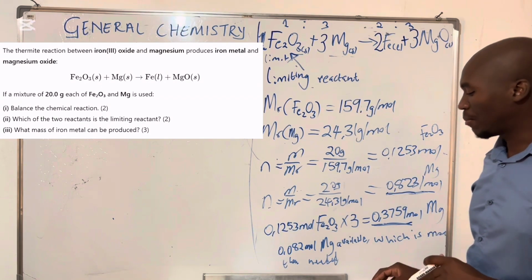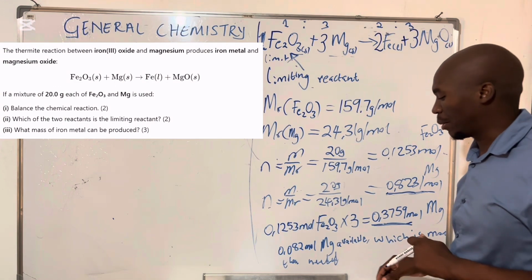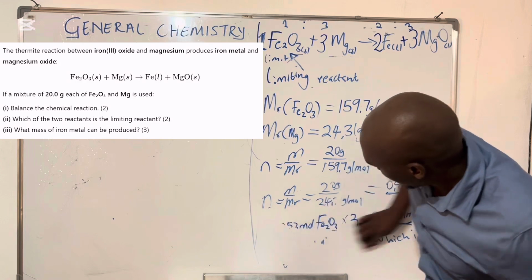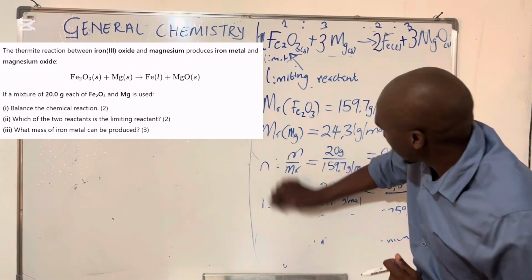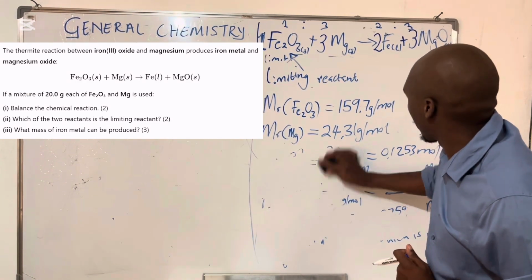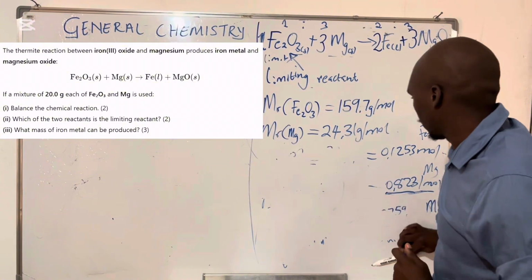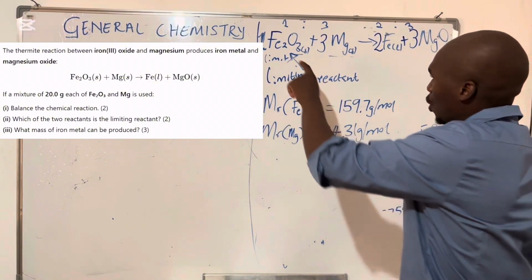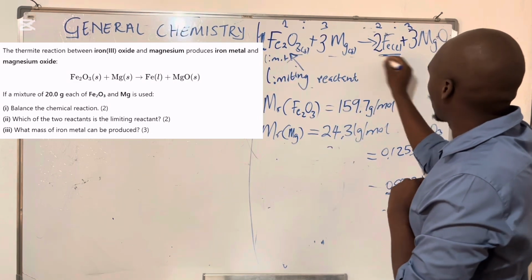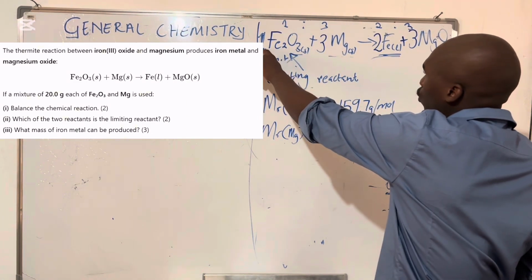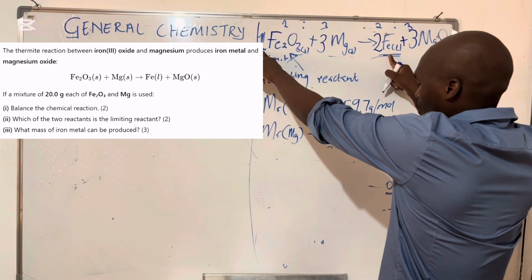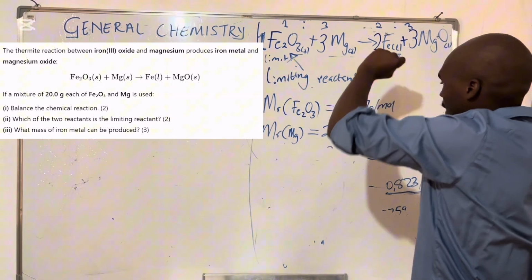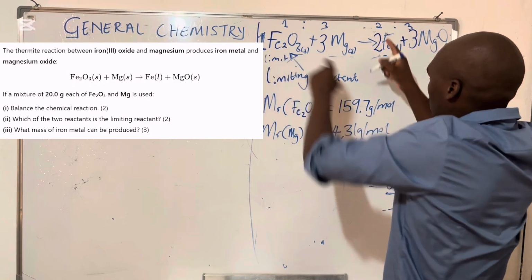Now, what mass of iron metal can be produced? Let me erase this one quickly. If you check it out, we want to find the amount of this one produced. 1 mole produces 2 of the iron that they're talking about. Then what was the number of mole of this? We will multiply it by 2.